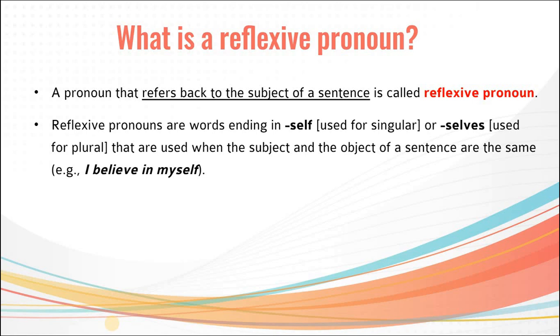For example, we say Salim hurts himself. So himself refers back to Salim. Salim has done something and himself is affected by it. In the simplest words, you can say that when a subject does the action and the subject itself is affected by that, those pronouns are called reflexive pronouns.